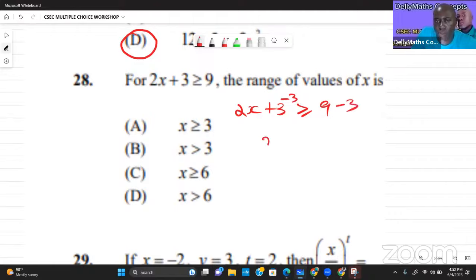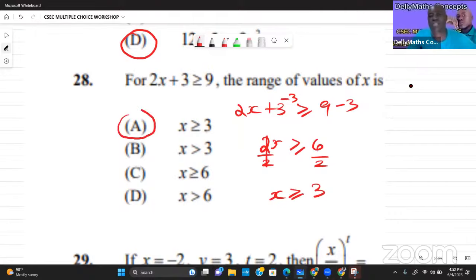So we have 2x greater than or equal to 6. Divide by 2. Divide by 2. x is greater than or equal to 3. So nothing fussy, nothing big. The answer is x is greater than or equal to 3.